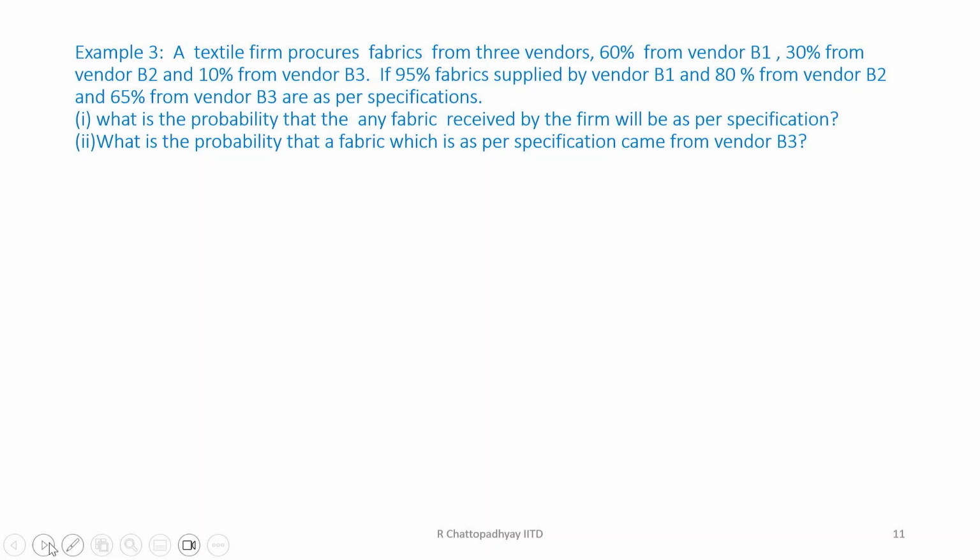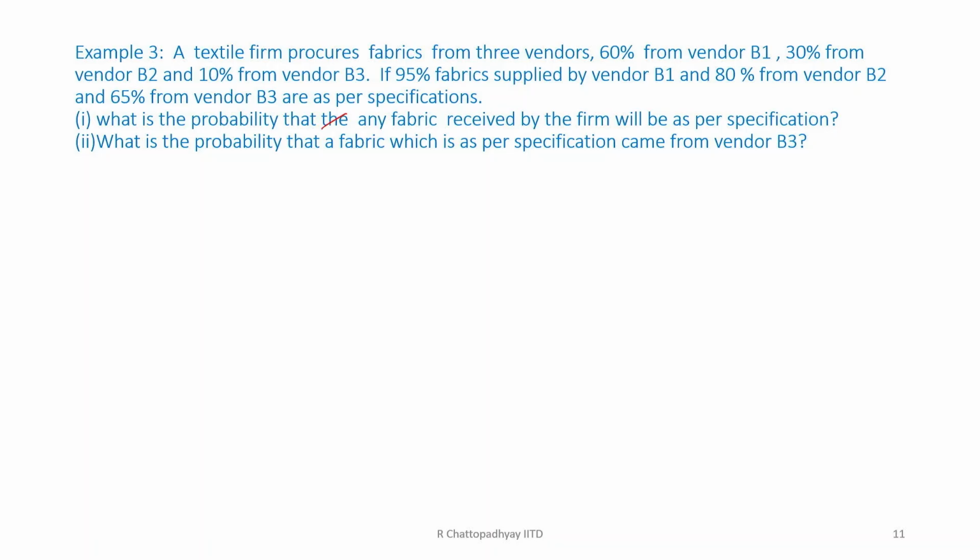A textile firm procures fabrics from three vendors: 60% from vendor B1, 30% from vendor B2, and 10% from vendor B3. If 90% of the fabric supplied by vendor B1, 80% from B2, and 60% from vendor B3 are as per specifications, what is the probability that any fabric received by the firm will be as per specifications?